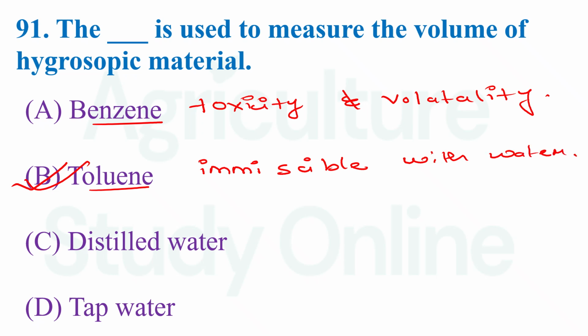So it will give the correct volume measurement. Distilled water and tap water are absorbed by this hygroscopic material. So the most correct option is option number B, that is toluene. Because for hygroscopic material, we use a liquid that is non-reactive as well as non-absorbable.